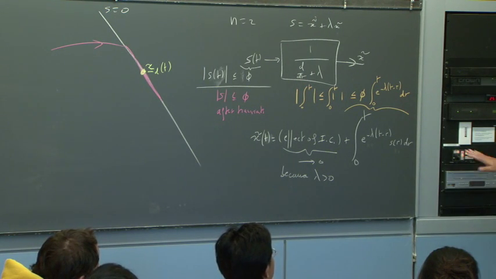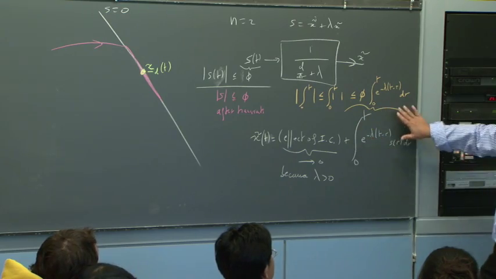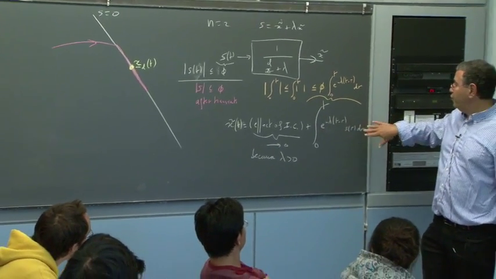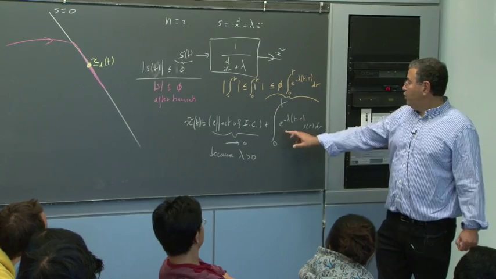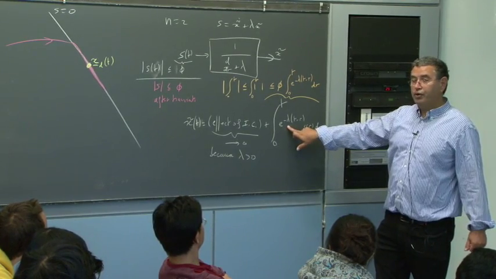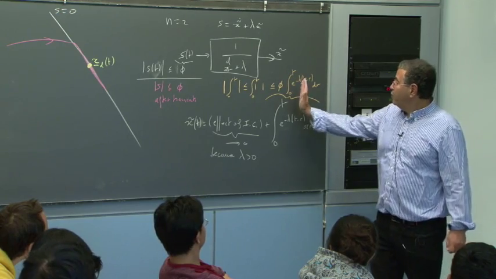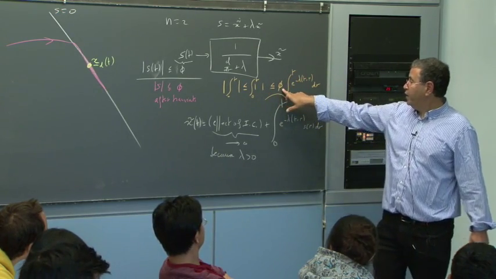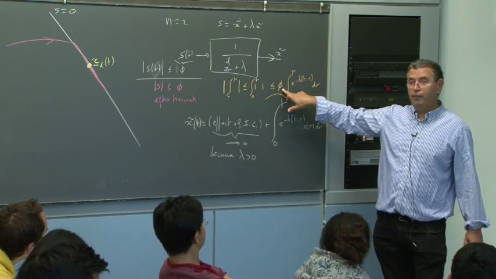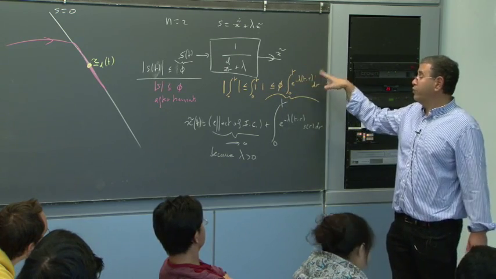Everybody follows that, right? We have taken the absolute value of this, which is less than the integral of the absolute value. Here we have a product of two terms. One is positive, and the other one will be the absolute value of s. The absolute value of s we can bound by taking it out of the integral. We get phi, and then we are just left with the integral of this exponential.